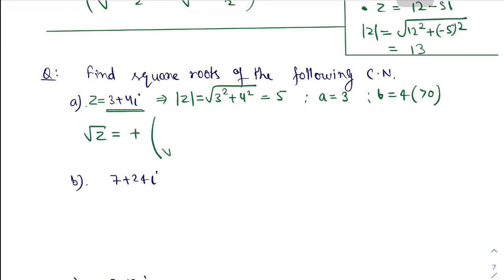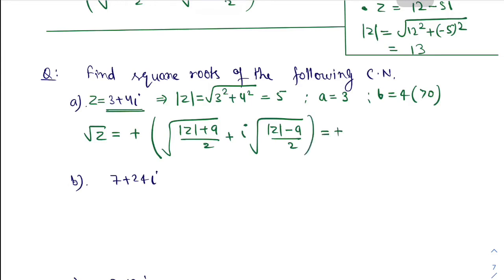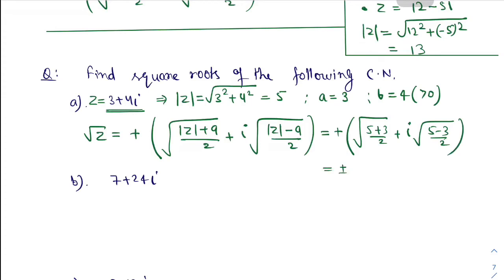Okay, so the formula says root over mod z plus real part upon 2 plus iota times root over mod z minus real part upon 2. Okay, so mod z is 5, plus 3 upon 2 plus iota times 5 minus 3 upon 2. Okay, so 5 plus 3 upon 2 is what?